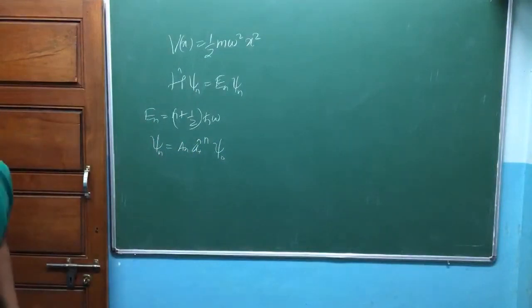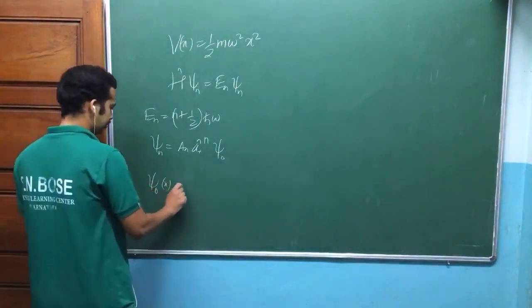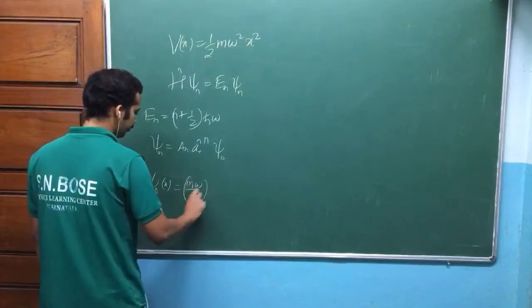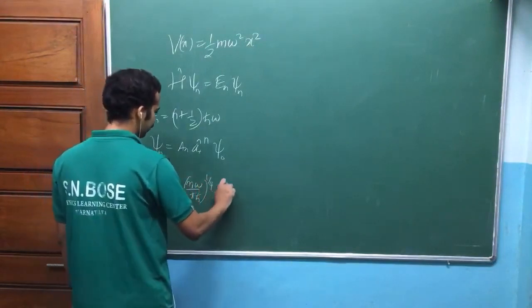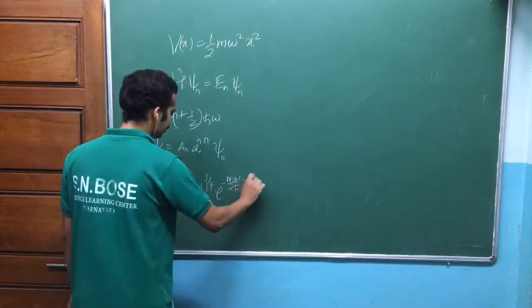Now let me write psi naught here. What is psi naught? (m omega by pi h bar) raised to 1 by 4, the normalization factor, times e raised to minus m omega by 2 h bar into x square.